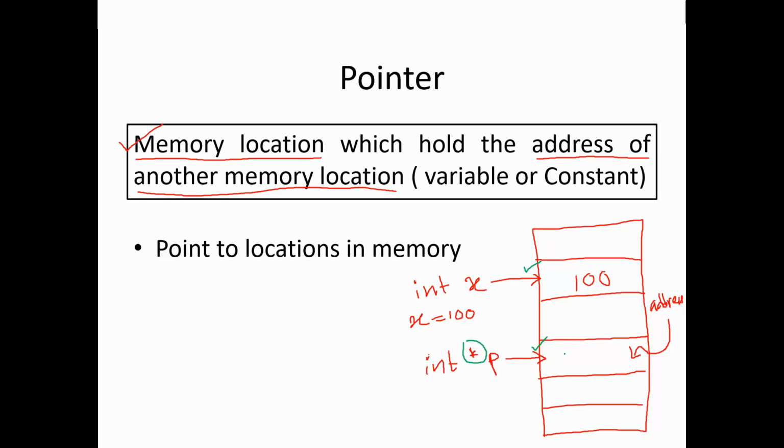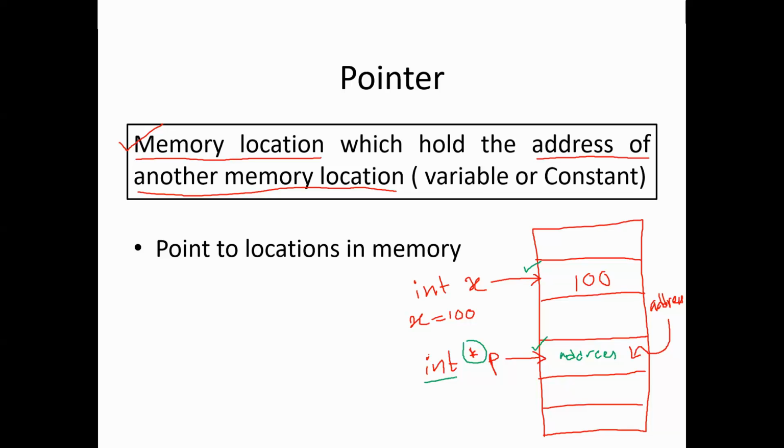That means we can't have any numbers here. Instead, we have to give an address. So a memory address should be there. This will fill with an address, and that address will refer to another location which will hold an int value.